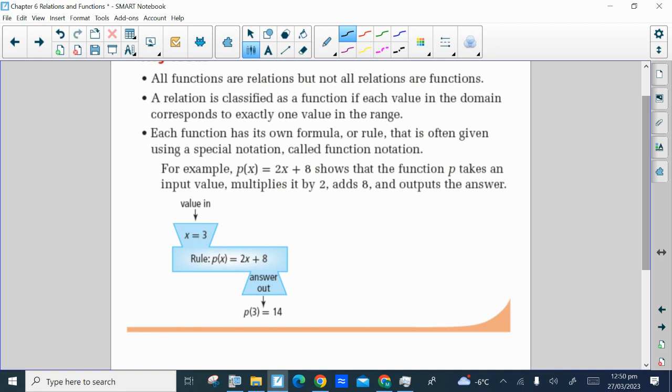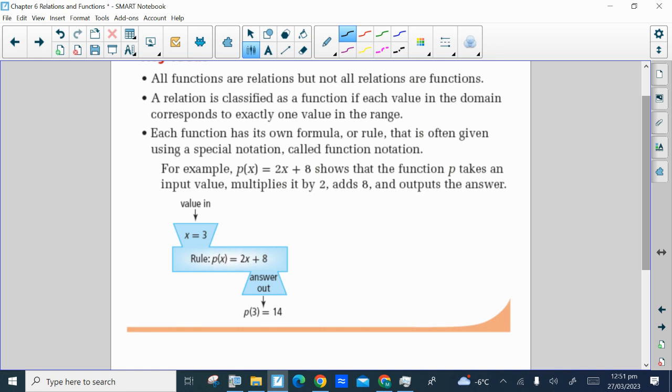If you have points with the same x value, they'll be stacked directly on top of each other, and a vertical line will cross in more than one spot. So we use that vertical line test to see if a relation is a function or not. A relation is classified as a function if each value in the domain corresponds to exactly one value in the range. Again, another way of saying that is no 2 points have the same x value.